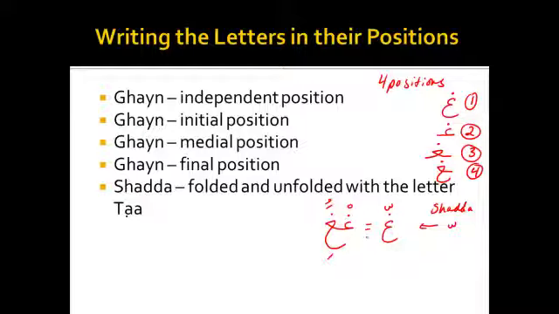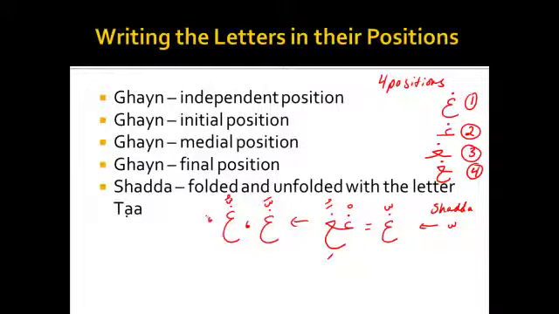Now let's look at the shadda again on top of a letter. Now if we look at the shadda on the ghayn here, like this, we can write the short vowel, either the fatha, the dhamma, or the kasra, either above or below the shadda. So with a fatha, the ghayn is going to look like this. If we use a dhamma, then the shadda will look like this with a dhamma.